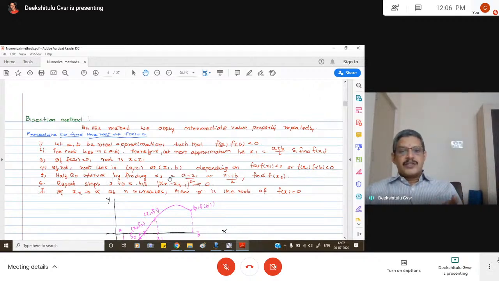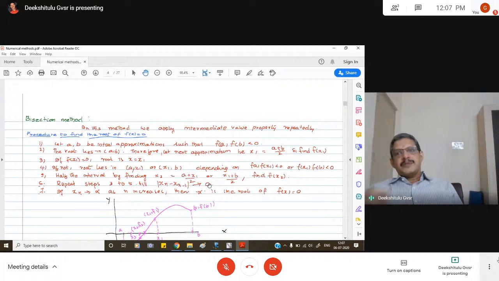Again, halve the interval: x2 is (a + x1)/2 or (x1 + b)/2. Find f(x2). Again, compare f(x2) with f(x1), a and b. Then the process goes on. Repeat the steps 3 to 5 till x(n) minus x(n-1) goes to 0.